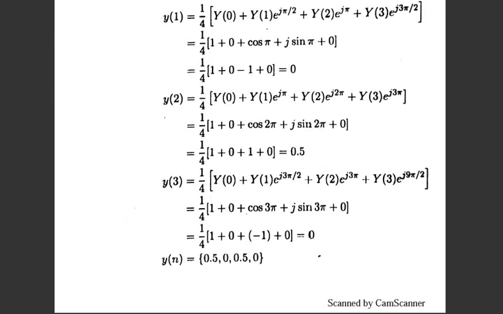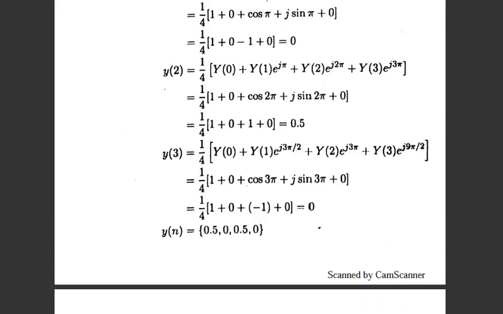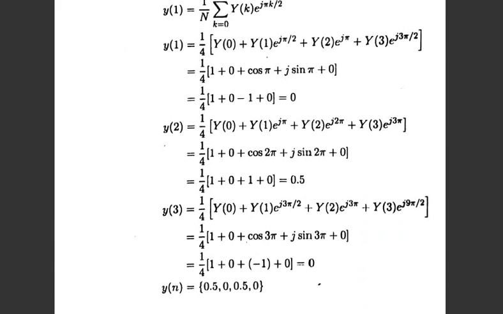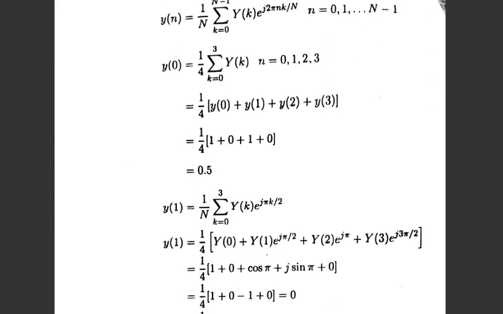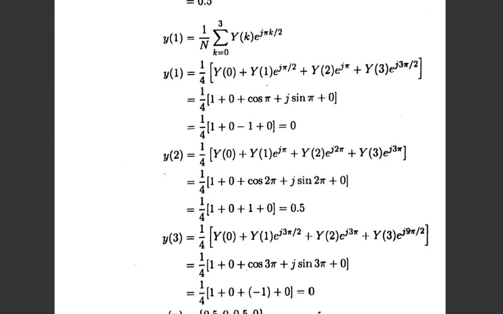Lastly we have the result for y0, y1, y2 and y3. Here we have the value in the time domain. I hope you have already understood why we use the DFT and IDFT.